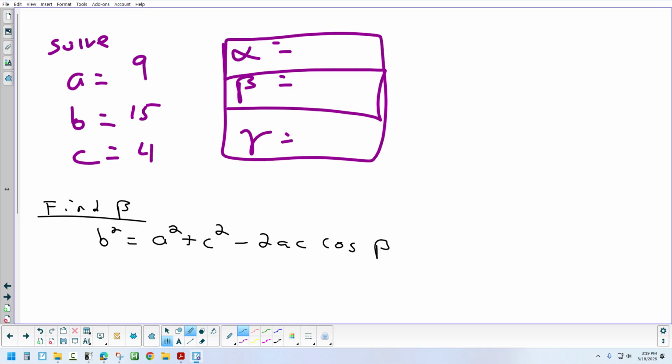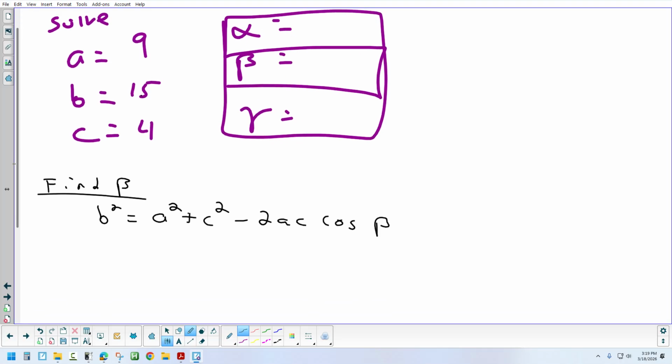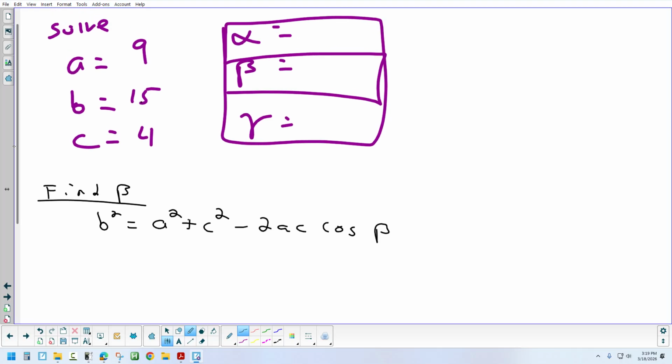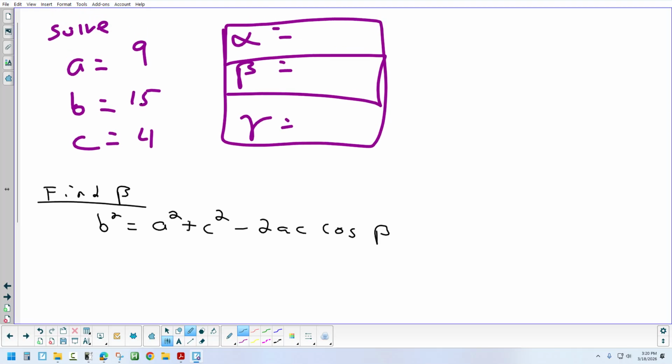What's 15 squared? 225. So 225, and then A squared, 81, and C squared, 16. Now we need 2 times A times C.